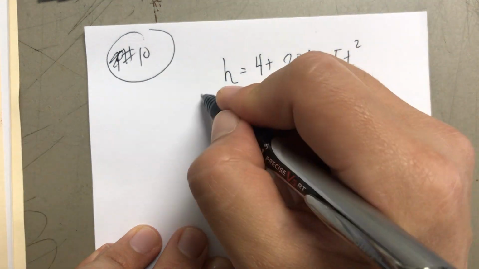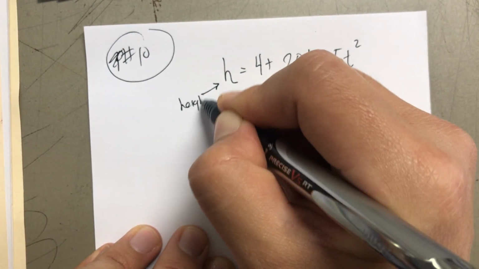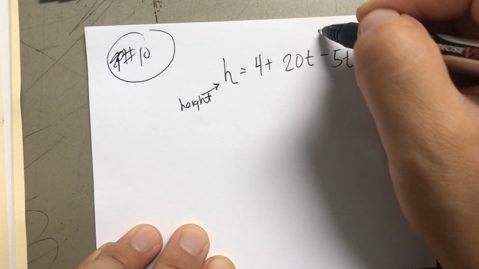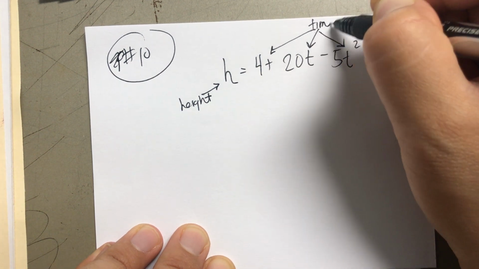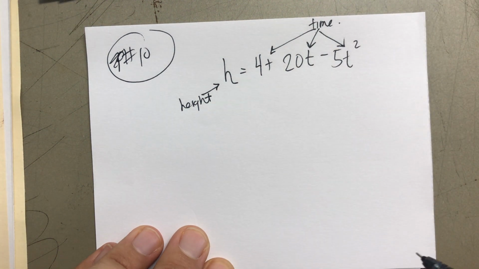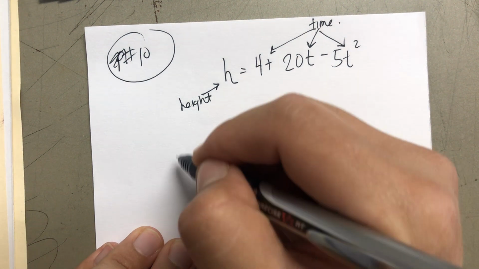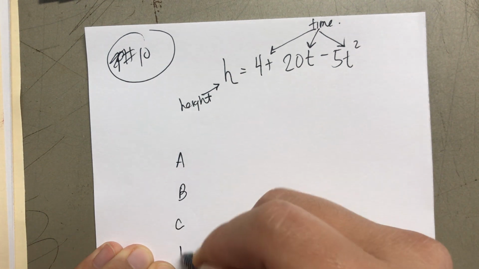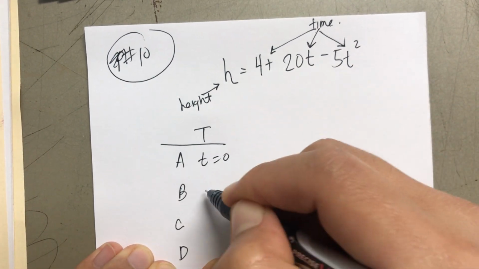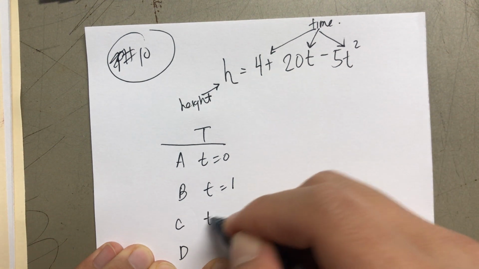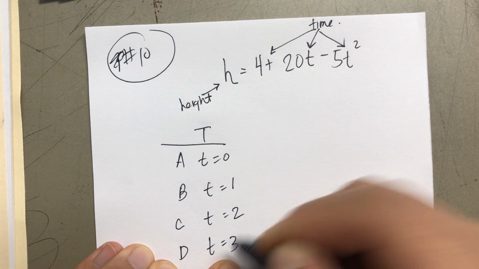Okay, and it says that this is going to be the height, and it says that t right over here equals the time in seconds. Which of the following values for t? Okay, so we have A, B, C, D. All of these equal t, and we know that because it says t equals 0, t equals 1, t equals 2, t equals 3.